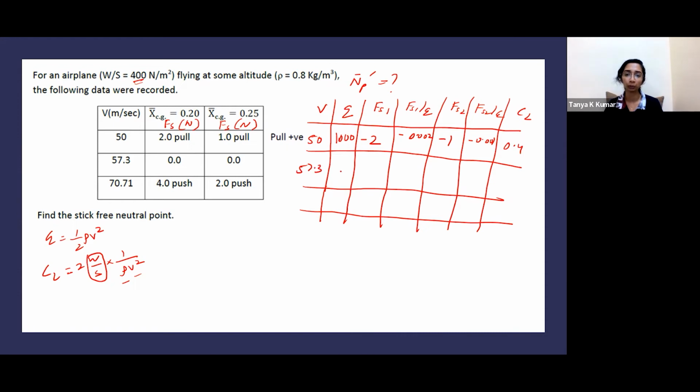57.3. What is the value of Q? 131.6. And what about CL?